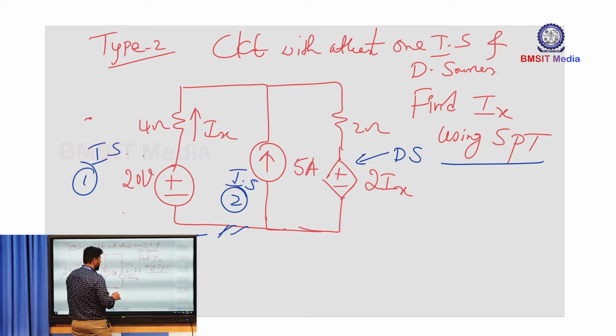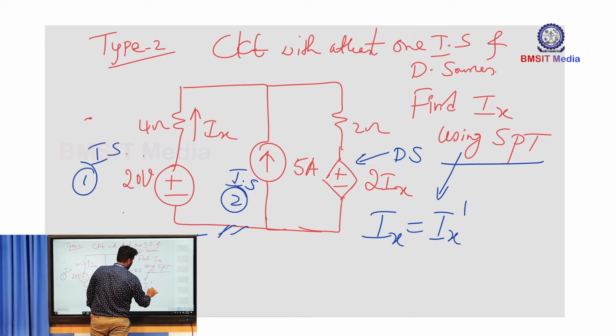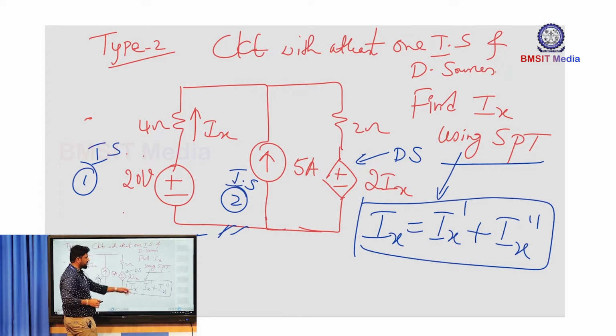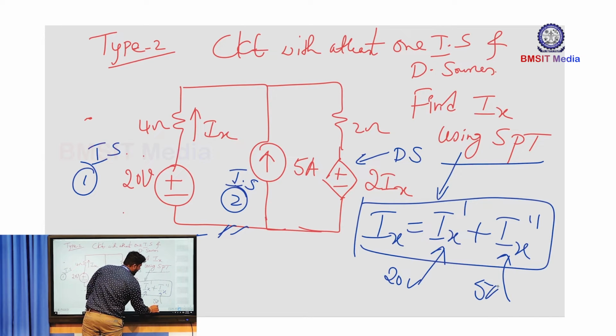So if I write, by SPT, the net current Ix is Ix dash plus Ix double dash. Here I will call Ix dash the response due to the 20 volt source acting alone, and Ix double dash the response due to the 5 ampere source acting alone.